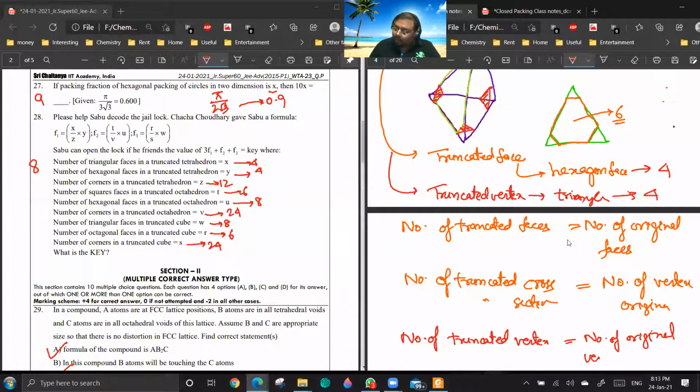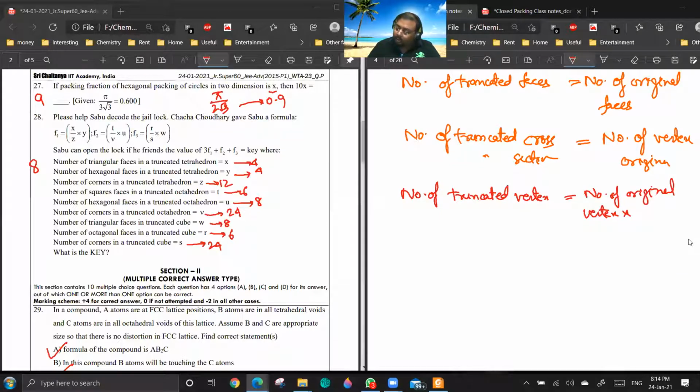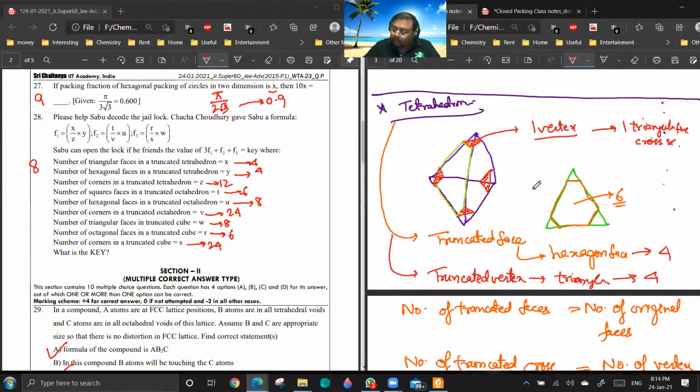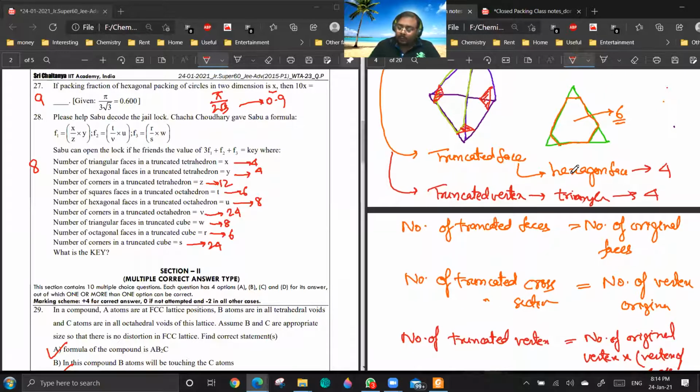These are not formulas; I'm just giving you the vertices of the cross-section. What is the number of vertices in the cross-section? 3. So for each vertex which I am cutting off, I will be getting 3 more points. So how many total? It will be 12.